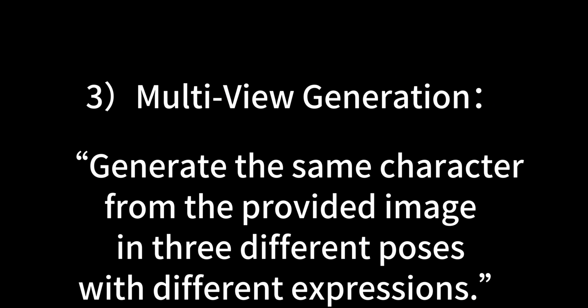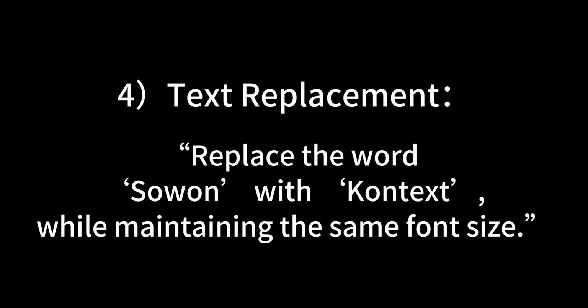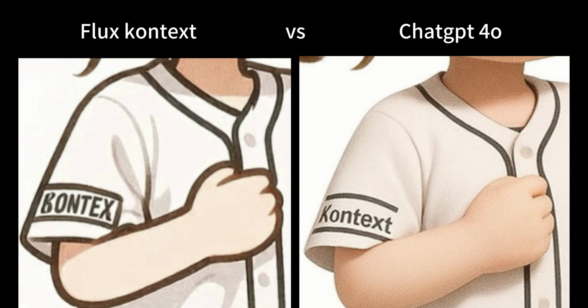Third, multi-view generation. The goal is to generate the same character from the provided image in 3 different poses with different expressions. Make sure the clothing stays consistent. Lastly, text replacement. The task is to replace the word "sowoon" with context while maintaining the same font size.